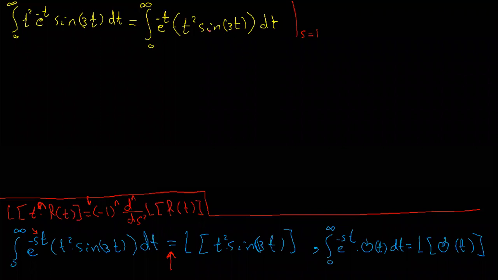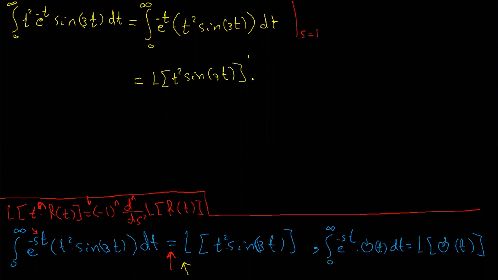So if I choose my S to be 1, the yellow integral is similar to this rule. It is Laplace of t squared sine 3t, but my S is 1. So this integral is the same as this integral in the special case where S is 1.